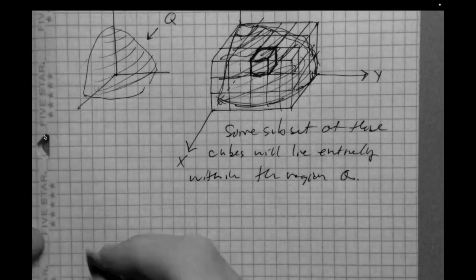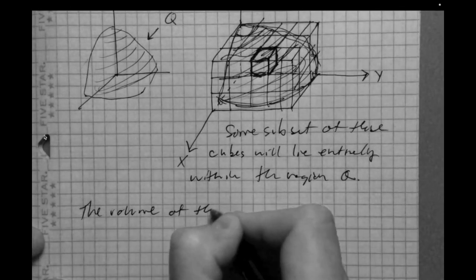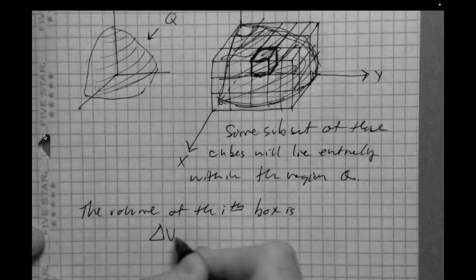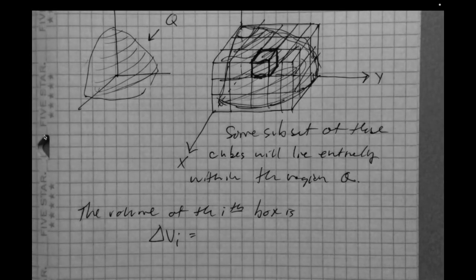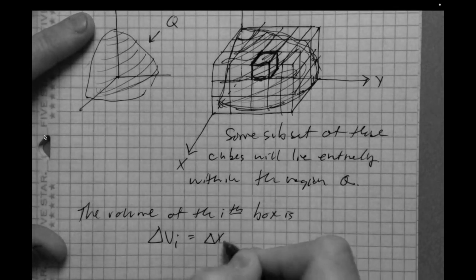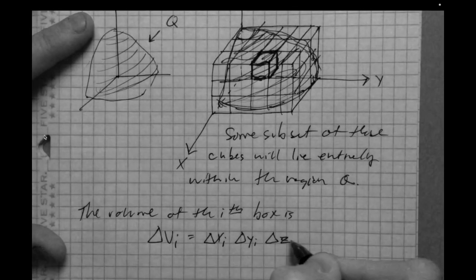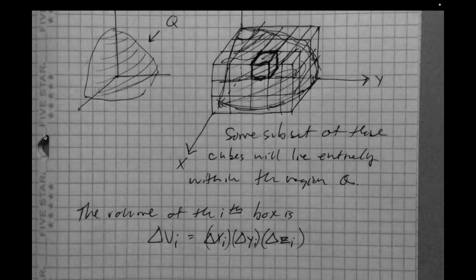The volume of the ith box is delta v i, and it's just going to be equal to base times width times height. We can think of it as delta x i, delta y i, delta z i, the product of those three dimensions. That's going to give us the volume.